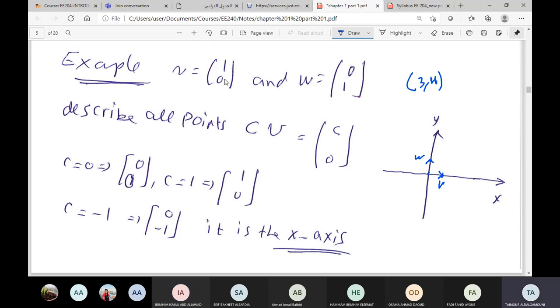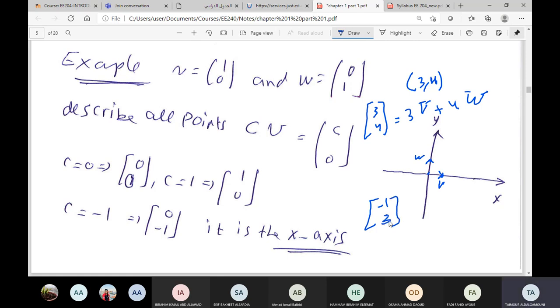V is 1, 0. So, okay, you're saying that the point 3 and 4 is equal to 3V plus 4W. Right? Exactly.